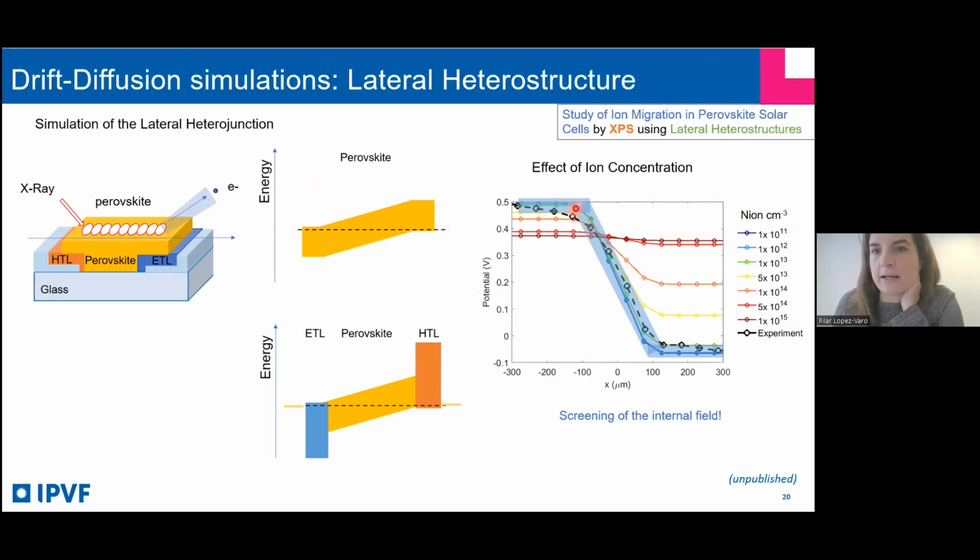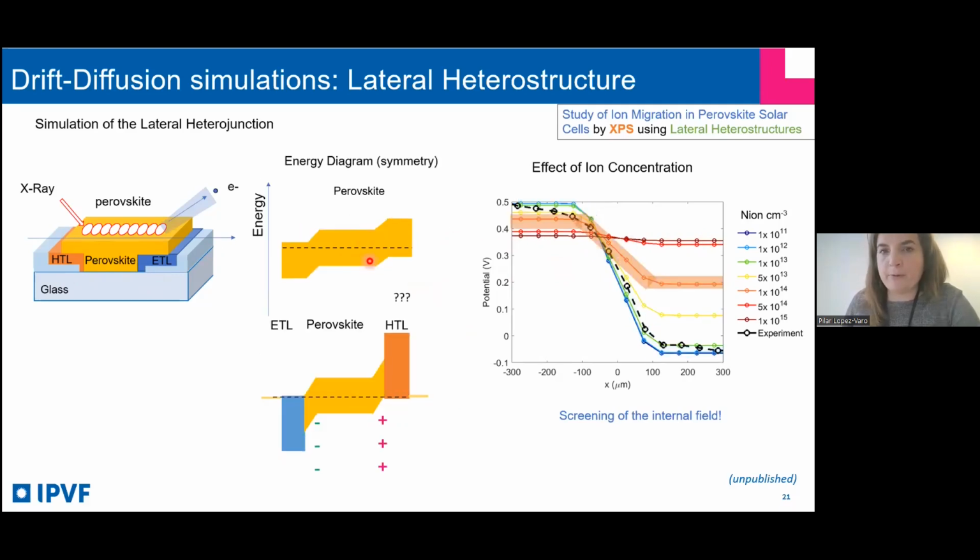And if we have really low ion concentration, we are able to get exactly the same shape that we are seeing at the bottom. However, once we put in more ions, we are going to have a screening of the electric field in that direction and in this other direction. These ions will make a flattening of this band.